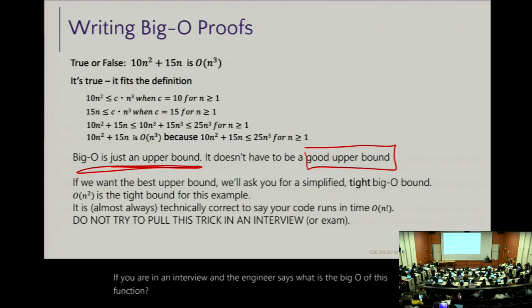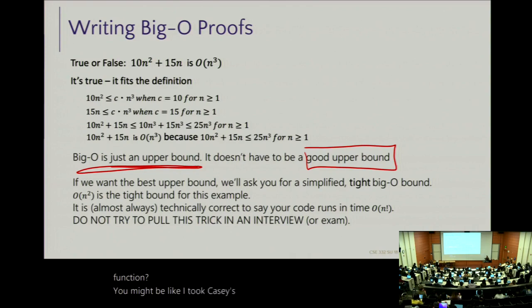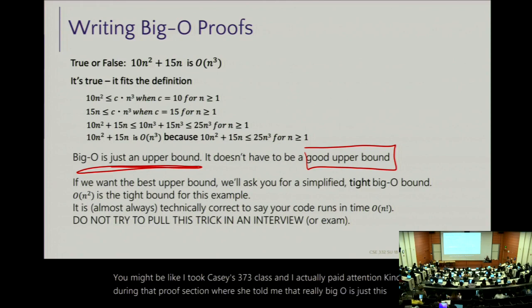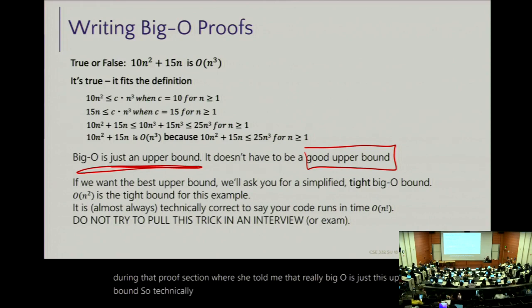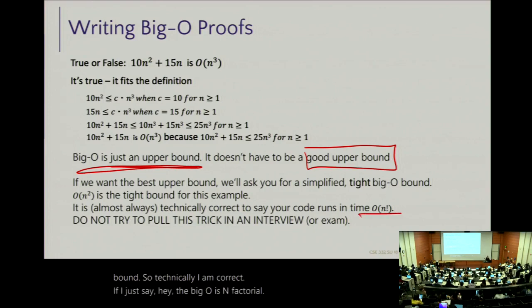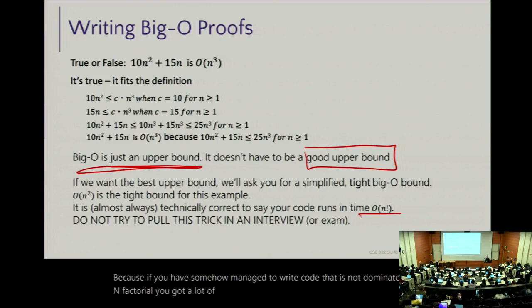You might say, well, I took Casey's 373 class and I actually paid attention kind of during that proof section where she told me that big O is just this upper bound. So technically I am correct if I just say, hey, the big O is n factorial. Because if you have somehow managed to write code that is not dominated by n factorial, you've got a lot of other problems.